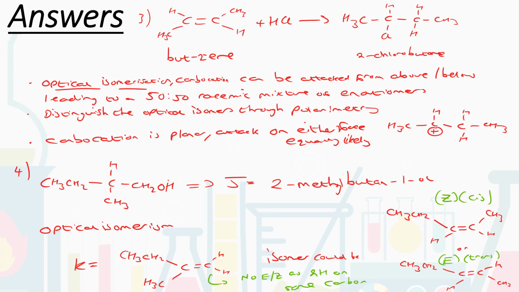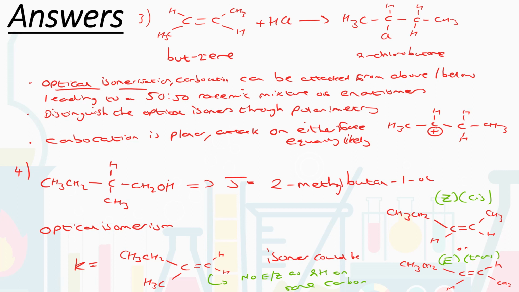And so the reason for this is that the carbocation is planar, and so when the HCl adds on to the alkene, this can add from either above or below the carbocation. So we've started with a planar alkene molecule. We've done the first step of that electrophilic addition, which is to add our hydrogen onto one of the carbons. This produces a carbocation.